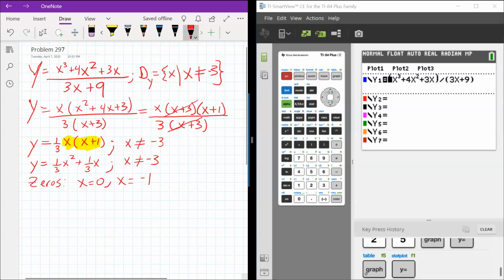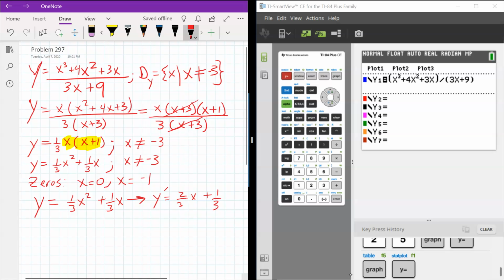If I try to find local minimums and local maximums, I do know it's a parabola, so I could essentially use the vertex formula. But let's say that we forgot the vertex formula and we totally forgot how to complete the square to find the vertex. And so we could take the derivative of this, and so the derivative is 2/3 x plus 1/3.